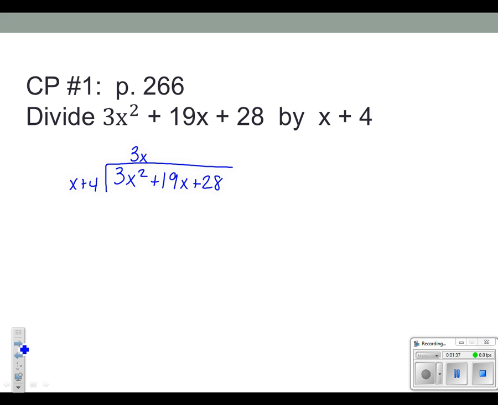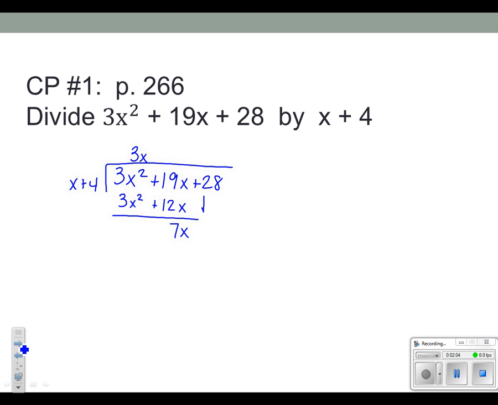You're looking at the first part of the divisor outside, and the first term inside your division box. 3x times x gives me 3x squared. 3x times the 4 has to be done as well: 3x times 4 is a positive 12x. Subtract. 19 minus 12 is 7x. 3x squared minus 3x squared is gone.